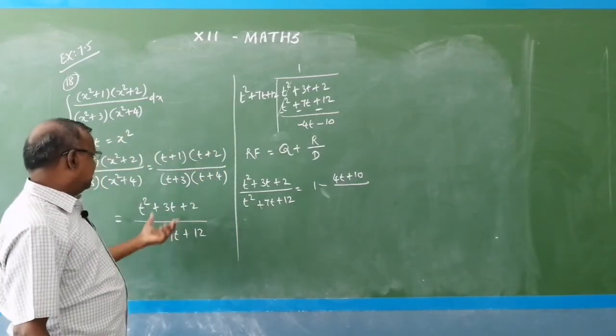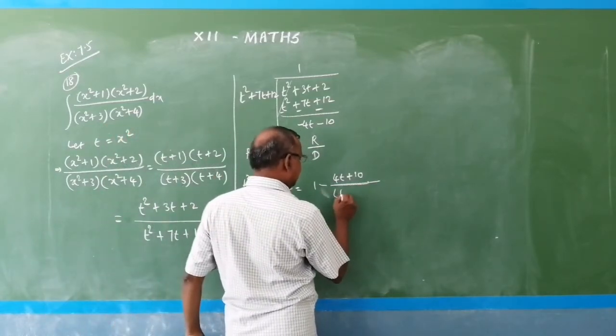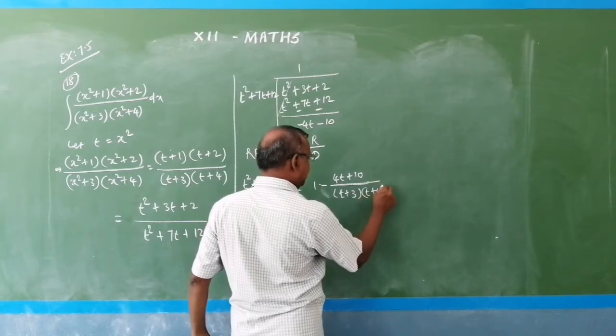This can be written as (t plus 3) into (t plus 4). The divisor is (t plus 3) into (t plus 4).